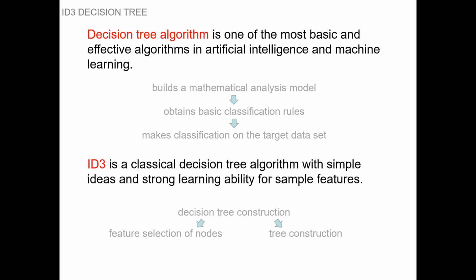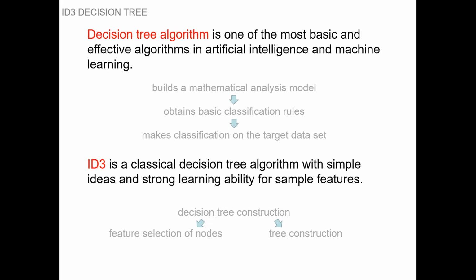To solve the above challenges, we proposed a sensitive data classification method based on an improved ID3 decision tree. This model can synthesize various data features to make the final classification while keeping a concise structure. The decision tree algorithm is one of the most basic and effective algorithms in artificial intelligence and machine learning.